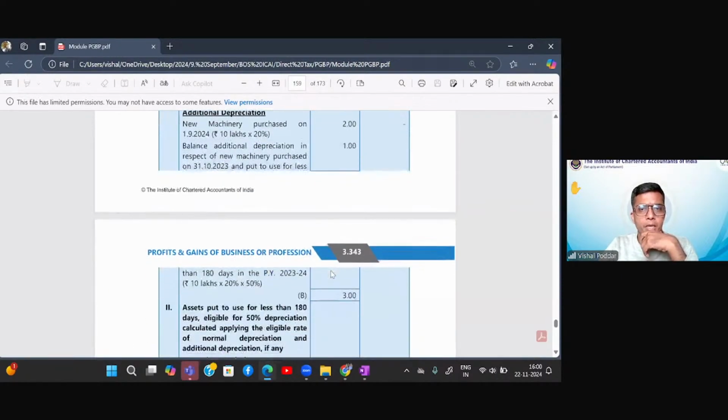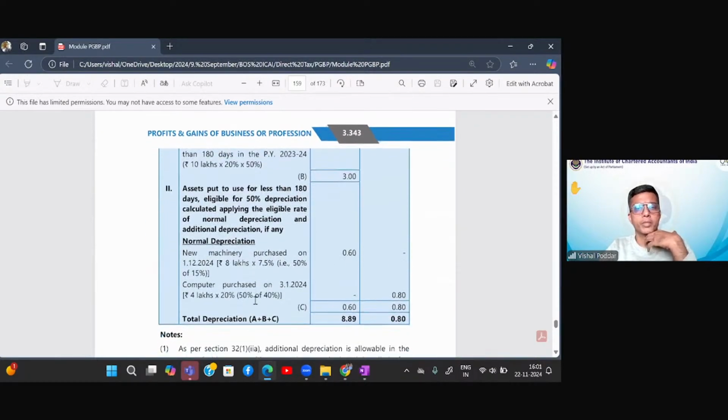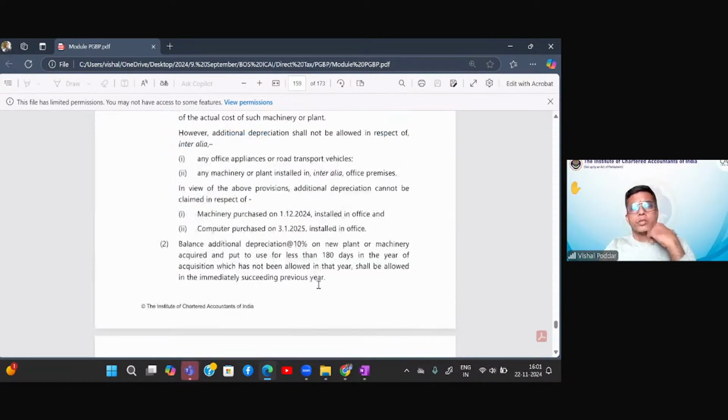Where have they taken half? This is where they have taken half on 8 lakhs, 7.5%. Slightly their method is a bit more elongated. Yes, Sania, I understood that later on. But don't worry, Hardik, you follow my method.